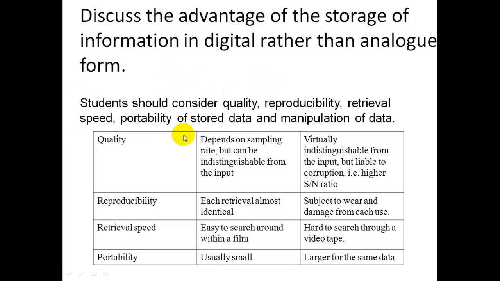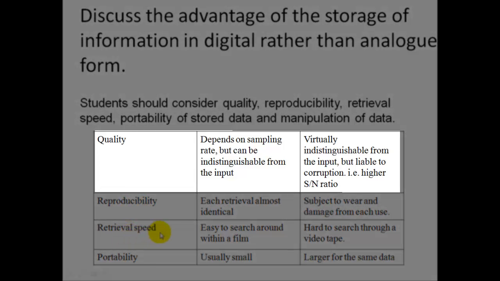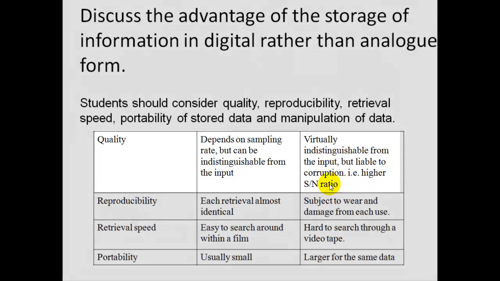The reproducibility, the retrieval speed, and the portability. This is digital. The quality can be excellent depending on the sampling rate. The quality of the analog signal can also be excellent, but is prone to corruption and is prone to noise. How reproducible is it?